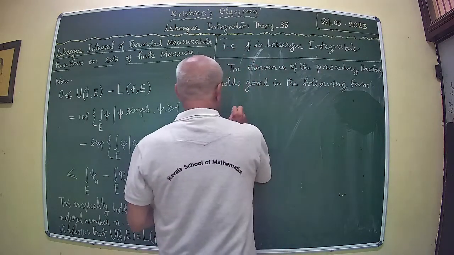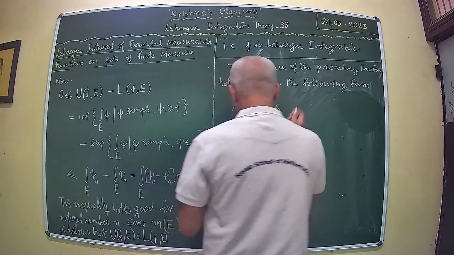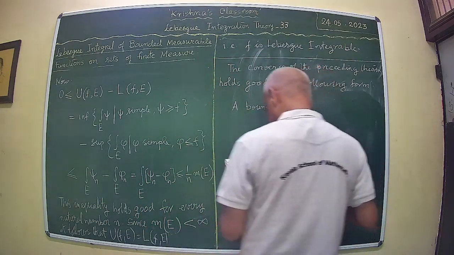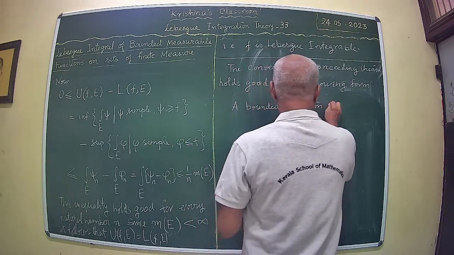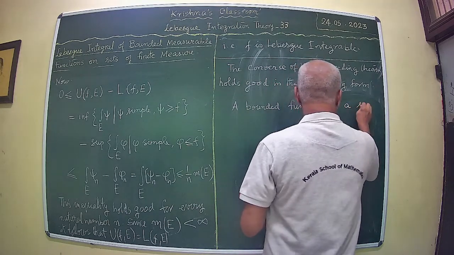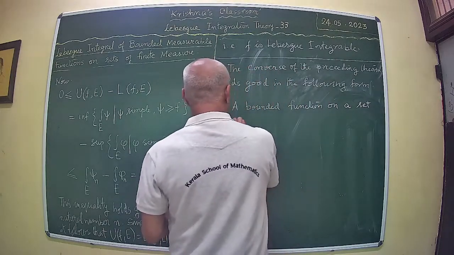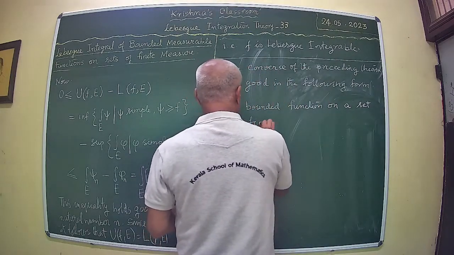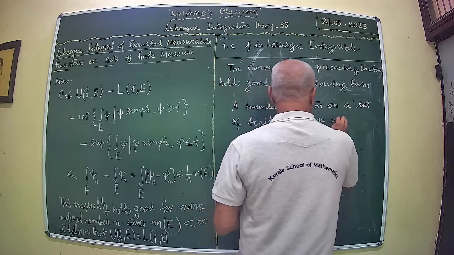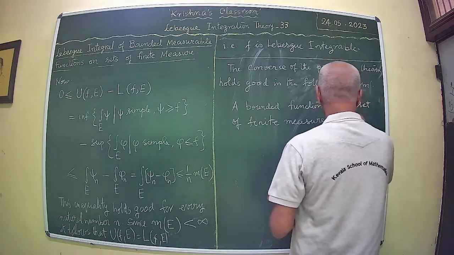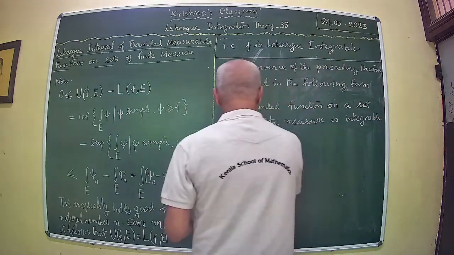A bounded function, I'm not assuming it's measurable, on a set of finite measure is integrable if and only if it is measurable.